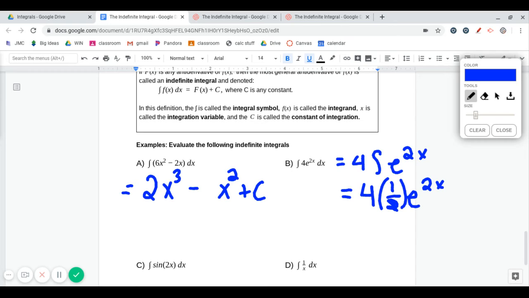Now test it out. If you take the derivative of this whole thing, 4 times 1/2 e to the 2x, do you get 4e to the 2x? You do. Sorry, I didn't write plus c here. So the answer here is 2 times e to the 2x plus c.